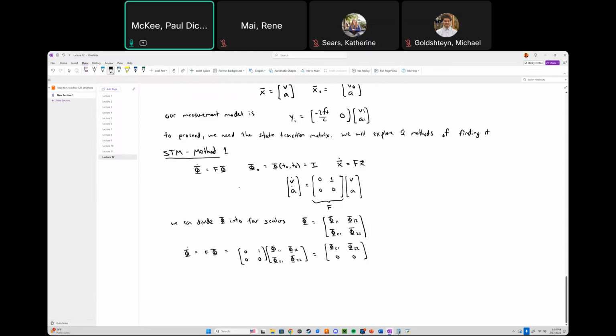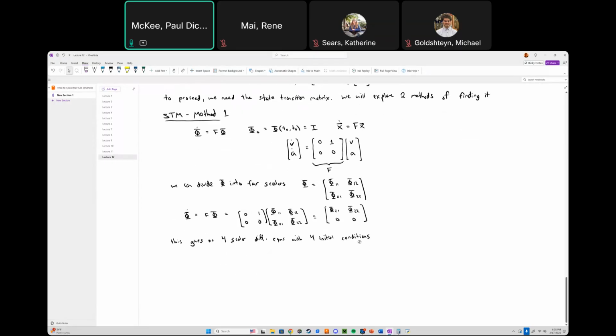That's just matrix multiplication. So this gives us 4 scalar differential equations with 4 initial conditions.